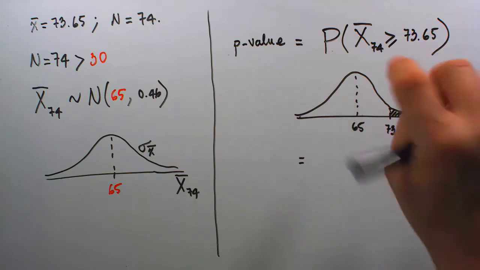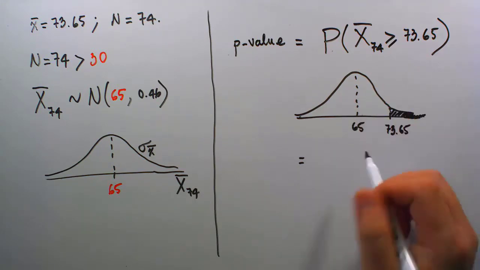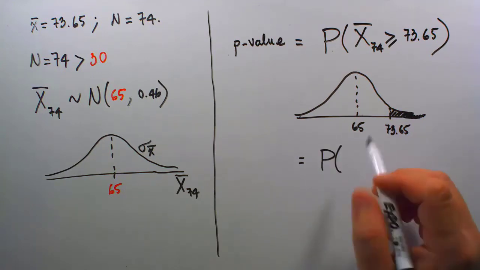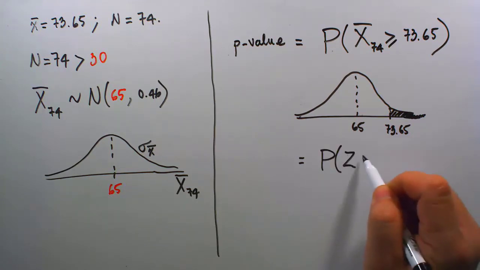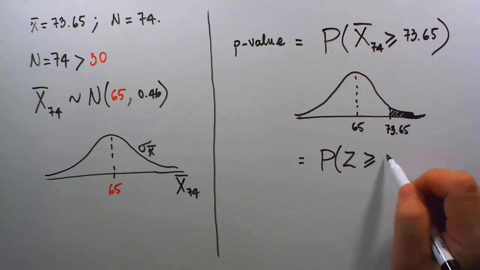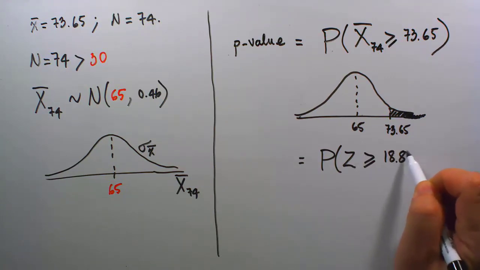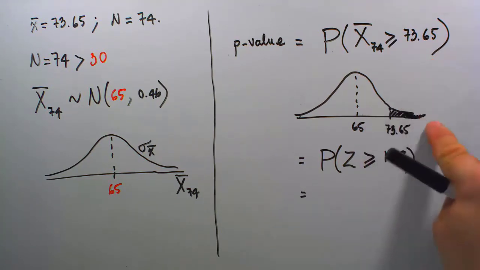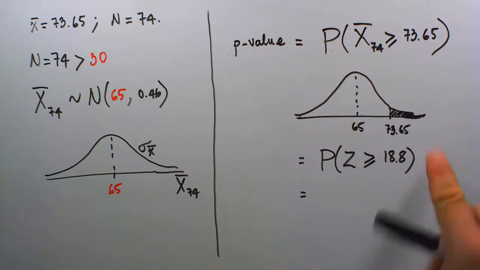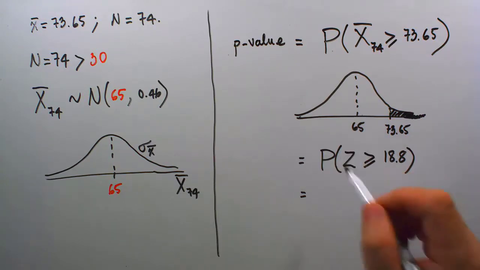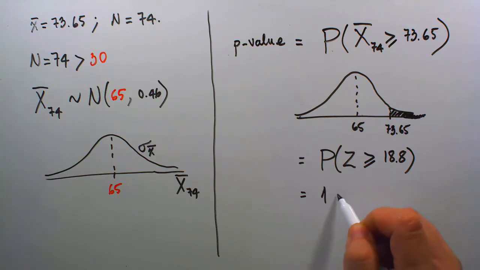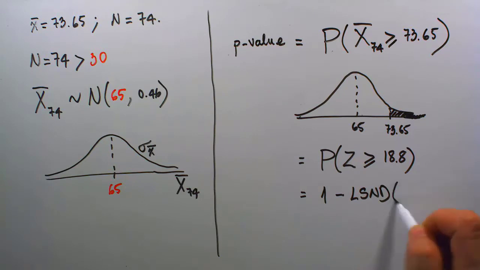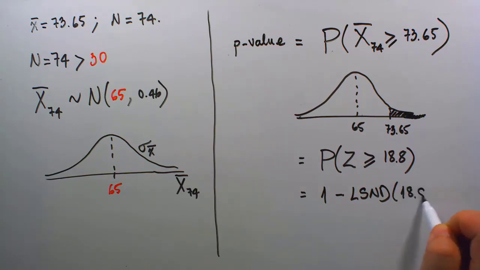That's how I proceeded with this calculation of the p-value, by saying that this area on this bell curve would equal the area on the standard normal distribution bell curve, where we were looking for a z-score greater than or equal to positive 18.8. Once we made the connection between our bell curve and the standard normal distribution bell curve, the answer is simply 1 minus the answer from the program at z-score 18.8.